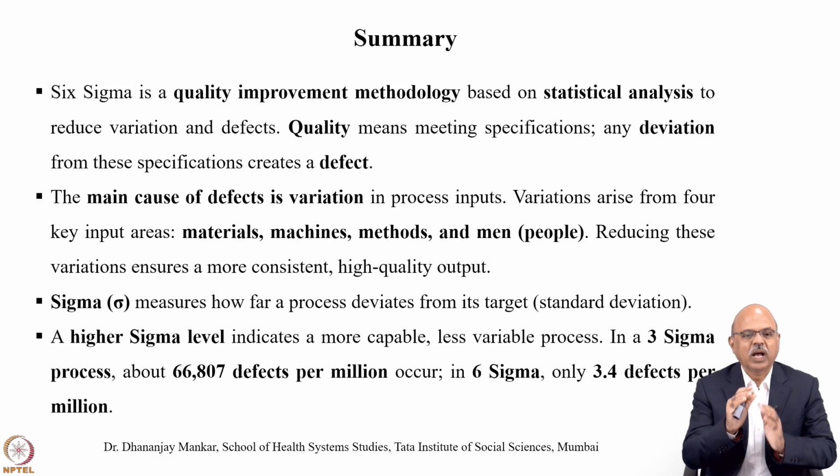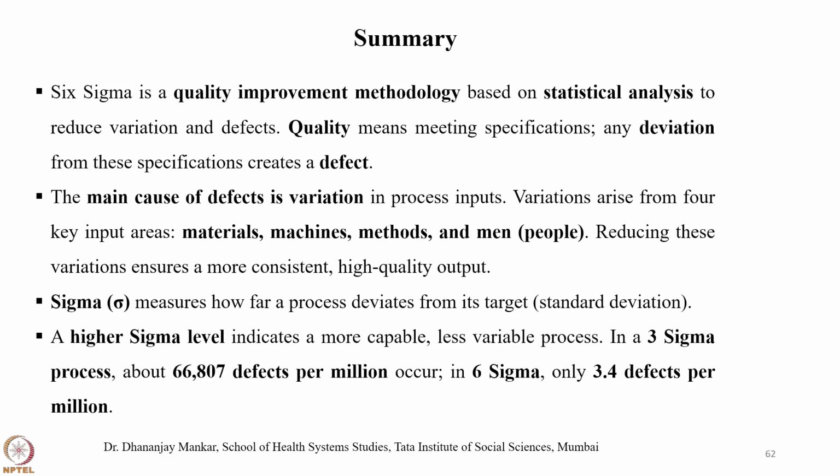Six Sigma measures how far a process deviates from its target. What is the target? Standard deviation. If there is a deviation, you may find the sigma level. A higher Sigma level indicates a more capable, less variable process. In a 3 Sigma process, about 66,807 defects per million occur, while in Six Sigma, only 3.4 defects per million occur.